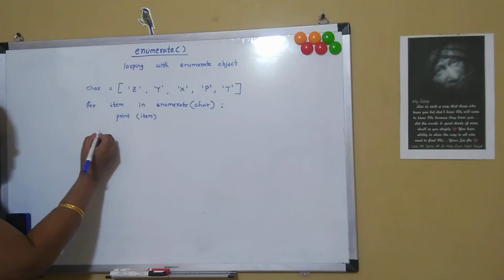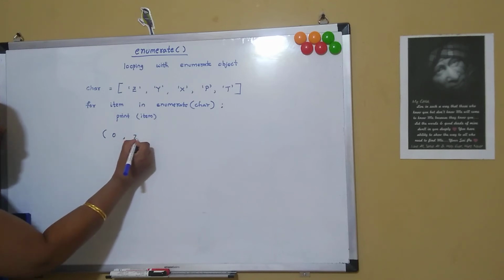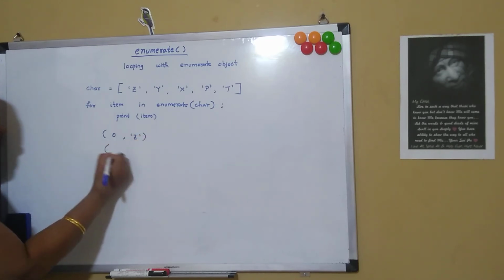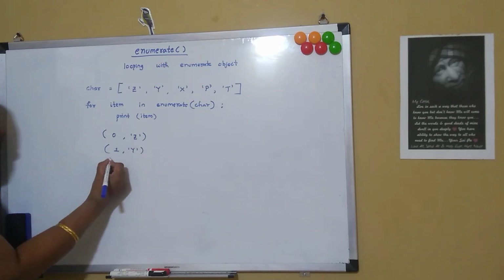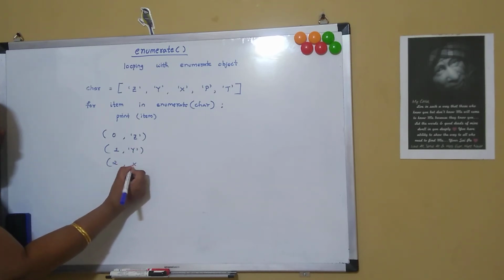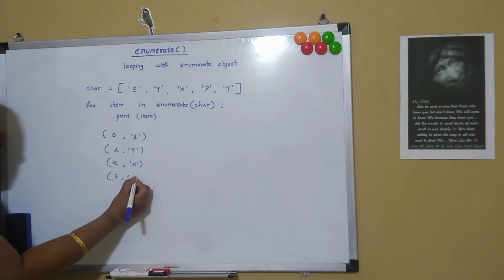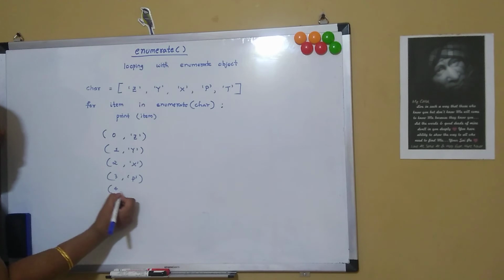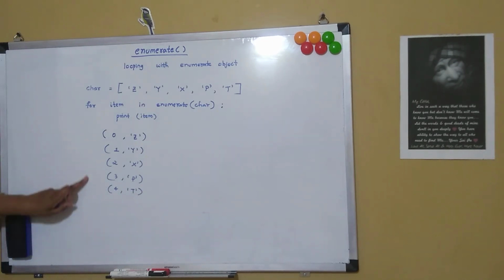So what will be the output? The output will be in the tuple format: 0, comma, Z, 1, comma, Y, 2, comma, X, 3, comma, P, 4, comma, T. So this is the output which we get.